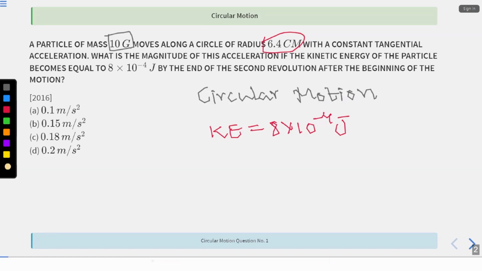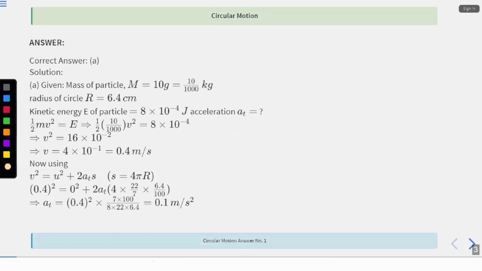First of all, we'll convert, right? It's important to convert it into kg. So 10 by 1000, and you'll get it. And then the radius, it's in centimeter. Kinetic energy, it's been given as this. So tangential acceleration is what we have to calculate. We know that kinetic energy is basically half mv square, right?